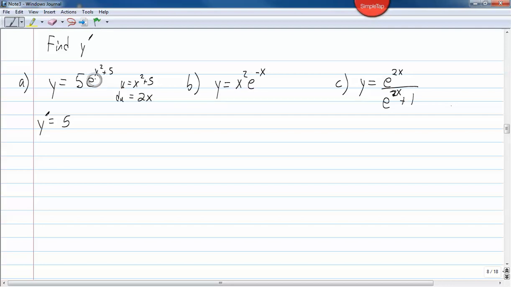Alright, so the derivative of e to the u is e to the u du. So I'm going to say it times the du. I'm going to write that first, and then I'm going to write the e to the u second. Alright, so that's 10x e to the x squared plus 5.